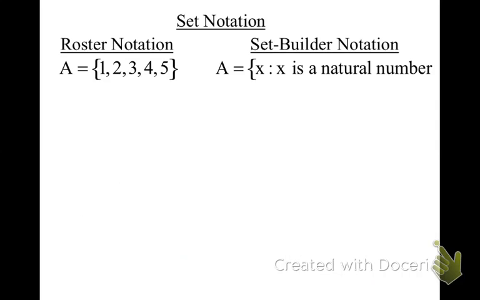And the way you read it is X, I'm going to underline it as I'm reading. X is such that, that's that colon there. Sometimes they write it like this. X is such that X is a natural number. Does that make sense?